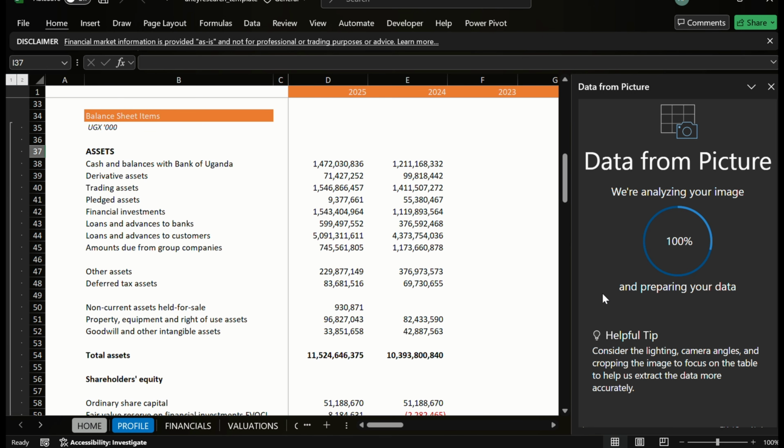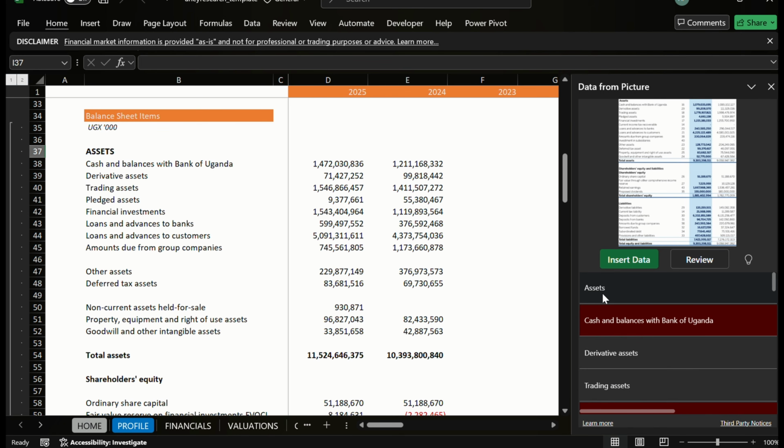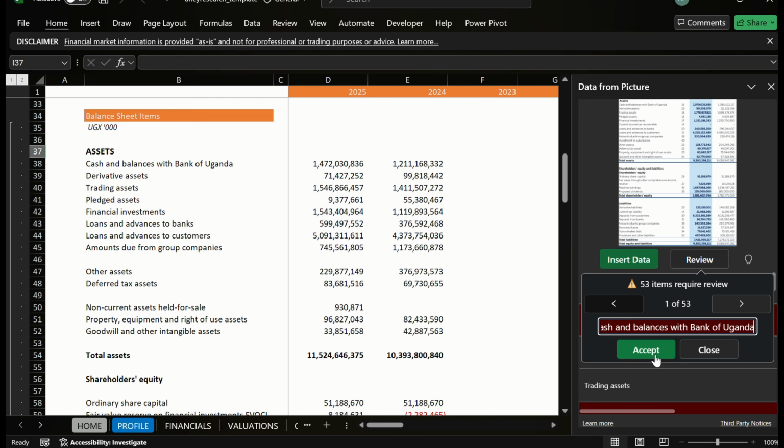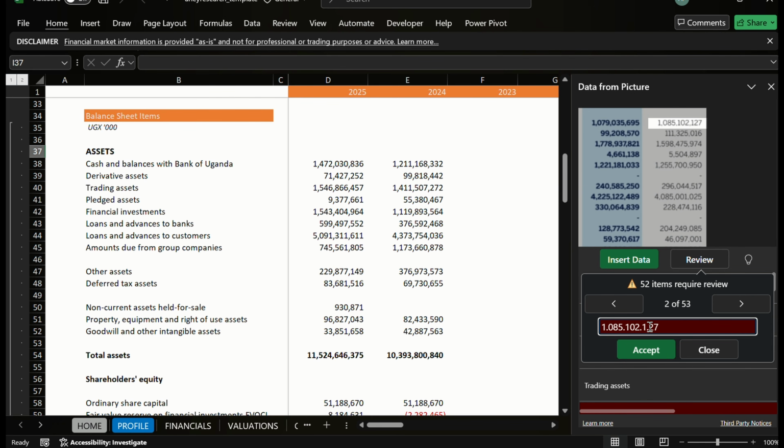So because of the picture size, but you can imagine. Let me review step by step. Accept. Okay, I don't accept this.